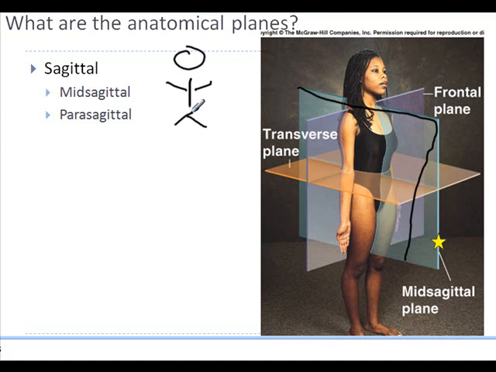I'm not very good at drawing, but anyway, if this is the person, and we were to cut right in the center, this would be called the mid-sagittal. And if we were to cut on one side, which is an unequal distribution, then that is called the parasagittal. So this would be the parasagittal, and this would be the mid-sagittal, and they're both dividing left to right.